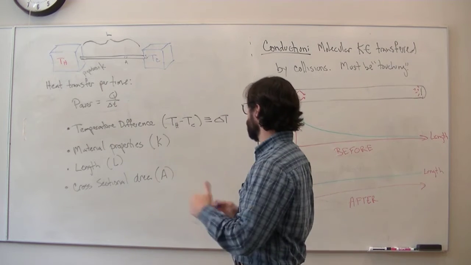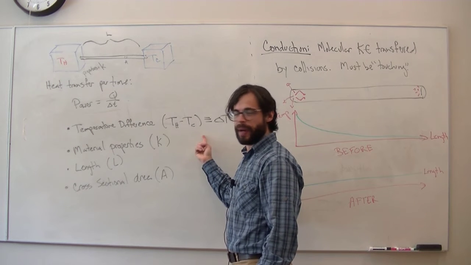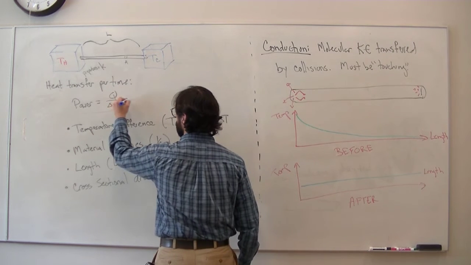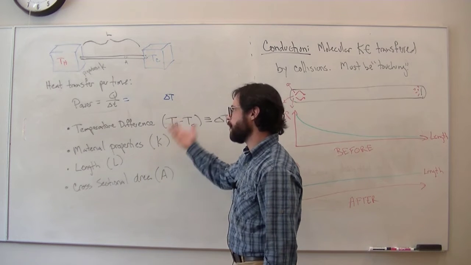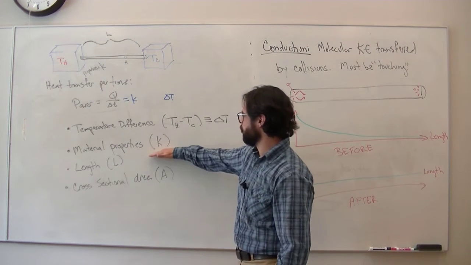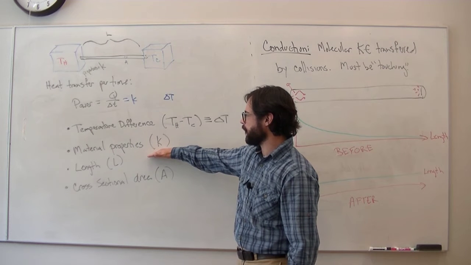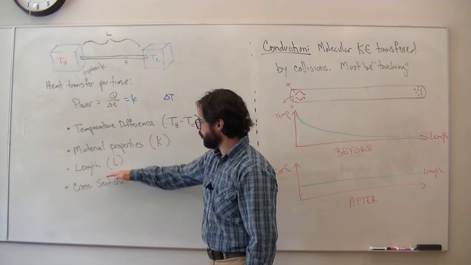So the temperature difference: the bigger the temperature difference, more power or less power? I think more power. So that should be upstairs. Material properties, that's just going to go out in front because what we're basically doing is defining bigger K means you're better at conducting heat. That'll be the thermal conductivity.